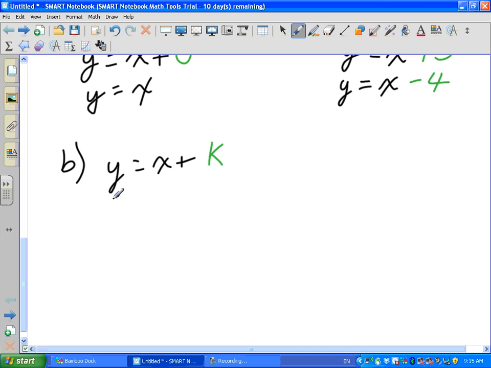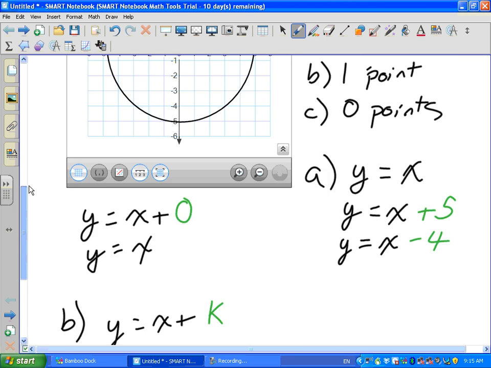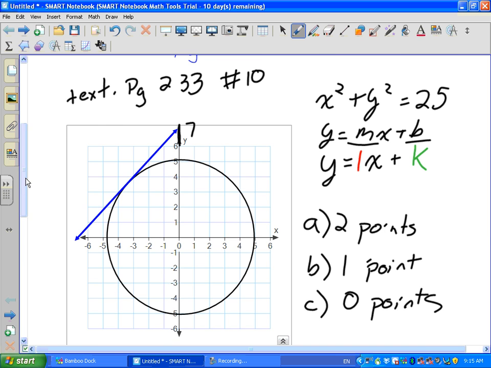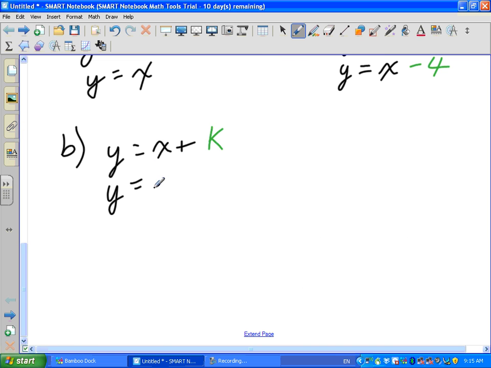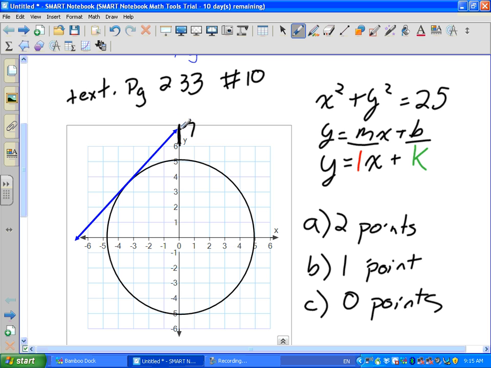That's tangent to the circle. Intersects it once. Right, that's right. y equals x plus, and our k value is 7. We notice the y-intercept is roughly at 7. If I drew the graph a little larger, it would have intersected there. And it's just touching the circle.